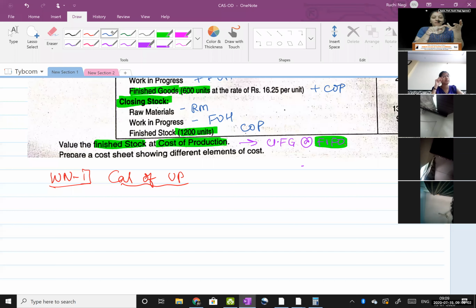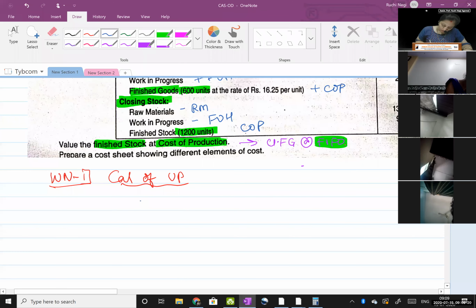Note number 4 was related to valuation of closing stock as per FIFO and weighted average method. And note number 5 was related to non-cost items which we don't take in cost sheet. So let me refer today to note number 1, calculation of units produced.